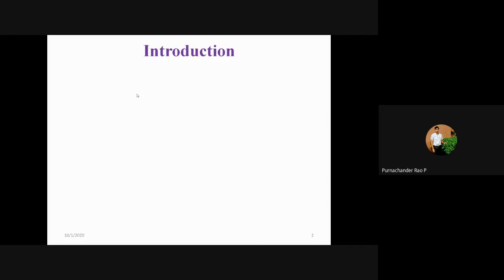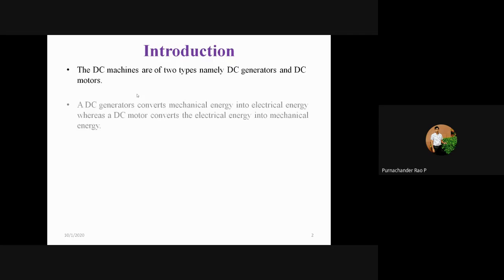Okay. So for the introduction, as we have discussed in the very first class, DC machines are of two types: DC generators and DC motors. The DC generators convert mechanical energy into electrical energy, and the DC motors convert electrical energy into mechanical energy.